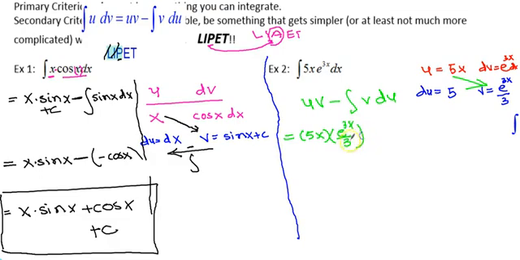I'm purposely using parentheses. You can skip that if you want to, minus integral v du. v is e to the 3x over 3. du is 5 dx.